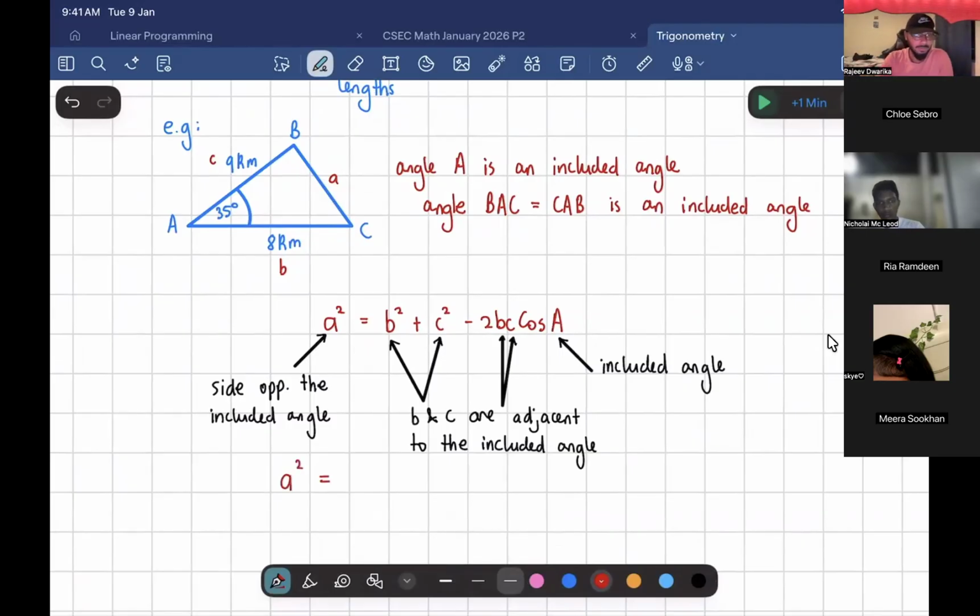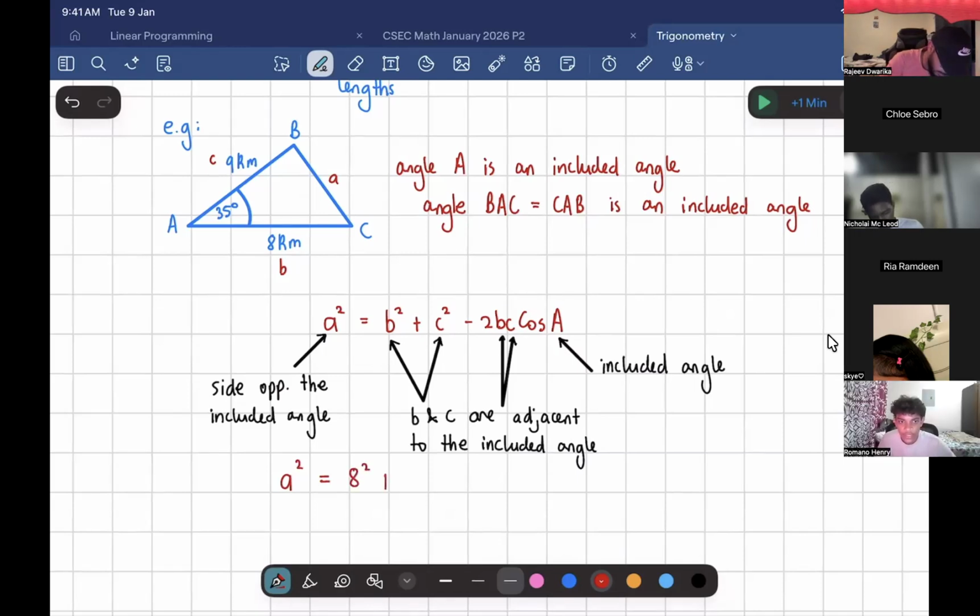What is length B? 8. Right? So it'll be 8 squared. What is length C? 9. Right? Minus 2, 8 by 9. And what was the included angle? 35.